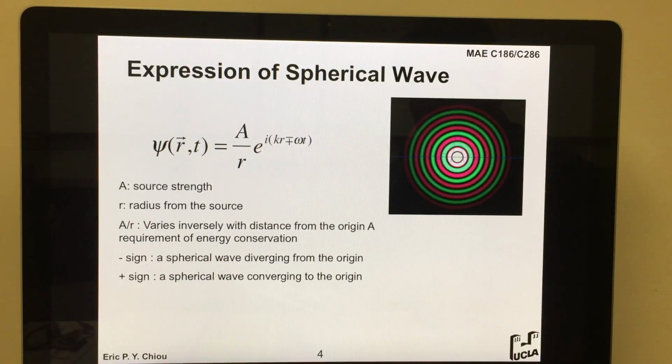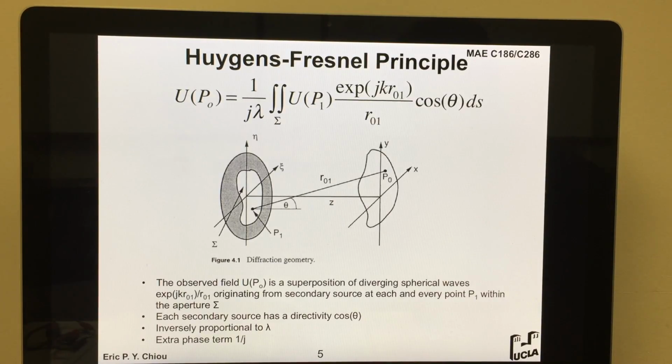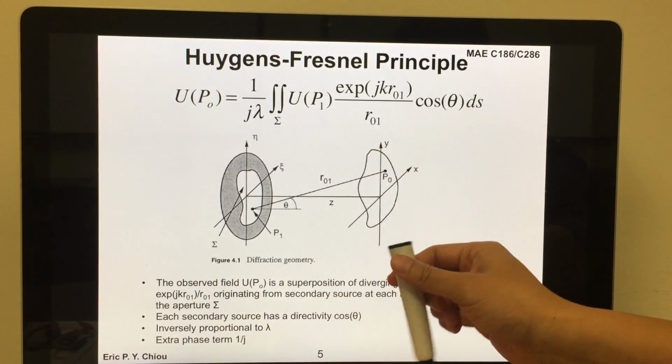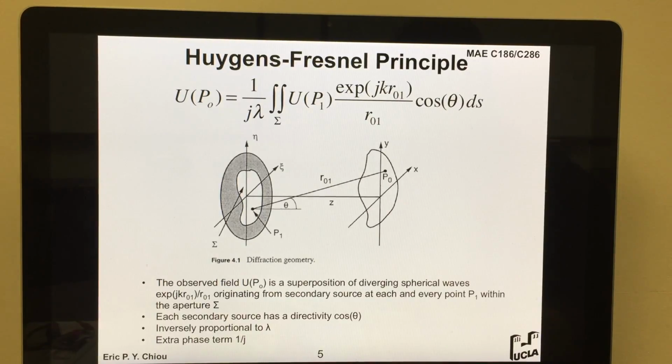This is the first equation we showed you on Monday, which is the Huygens Fresnel principle. It is trying to explain that in Huygens principle, the spherical wave concept is correct, but not 100% correct, because when you derive it in a more rigorous way, you mix in this cosine term and also this 1 over j lambda term in the front.